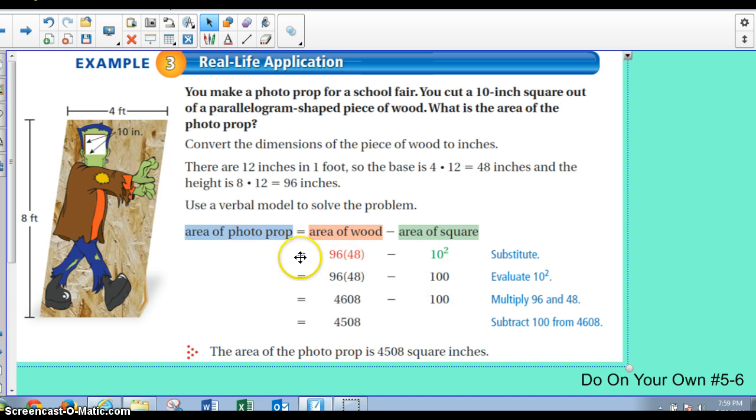Sorry, I forgot to tell you that. So now you still have 96 times 48 minus whatever 10 squared is, which is 100. And now you can figure the whole thing out.